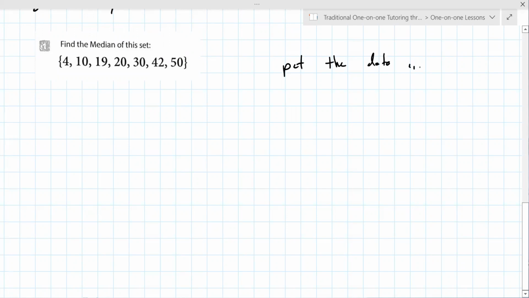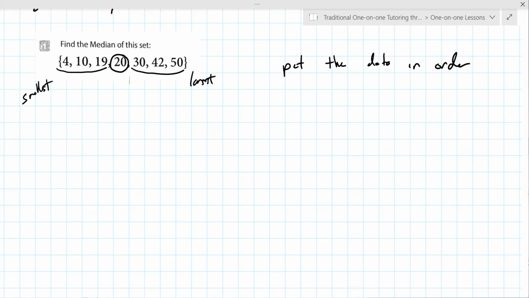Now you should not expect it to be in order in your exam. So you may be expected to put it from smallest to largest. It would be 20. Now, why is it 20? Because it's in the middle. Now, is it possible for there to be two middles? Yes.